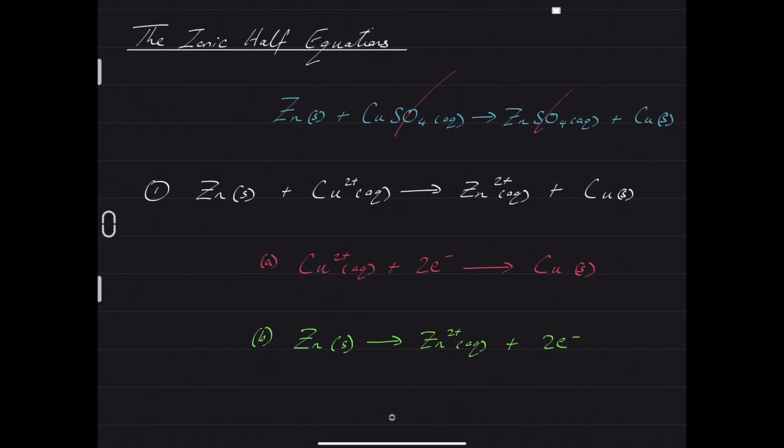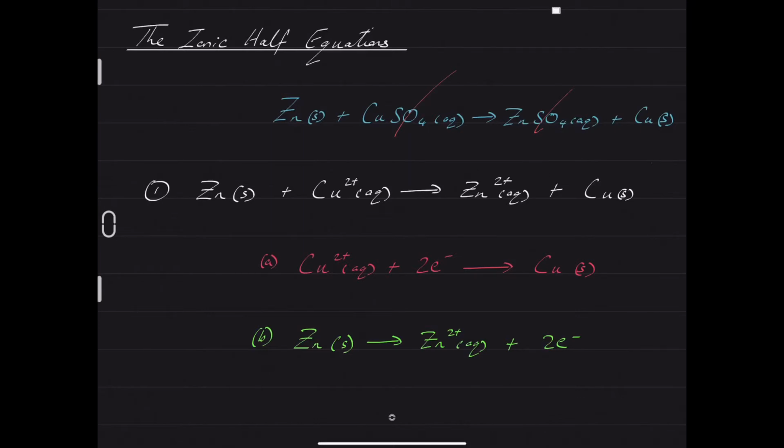If you take out the spectator ions, you are left with this ionic equation, the first one in white. This is zinc solid plus copper 2 plus aqueous gives us zinc 2 plus plus copper solid. That's our first ionic equation, a full ionic equation.